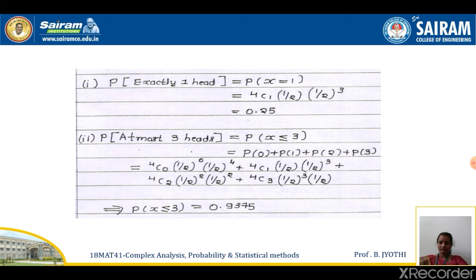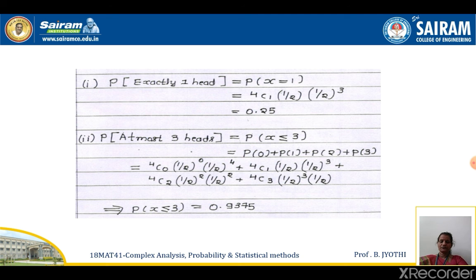The second one is the probability of getting at most 3 heads. Symbolically, it can be written as P(x ≤ 3).